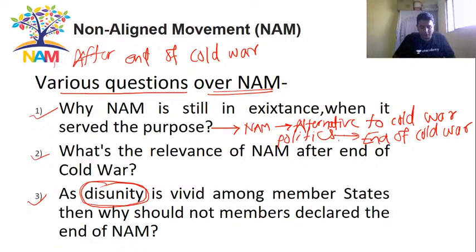Why should we not end NAM, as we are a founding member of NAM? Why do we continue the process? Why do we continue NAM at this moment, as there are question marks over its existence? What do you think? After reading this question, don't you think we have to end NAM?